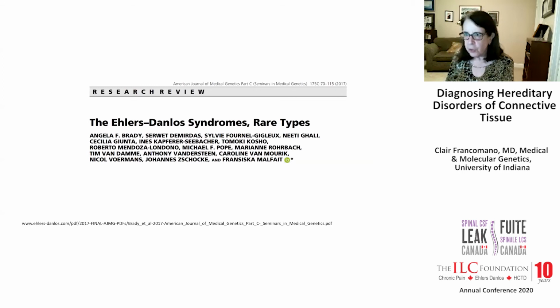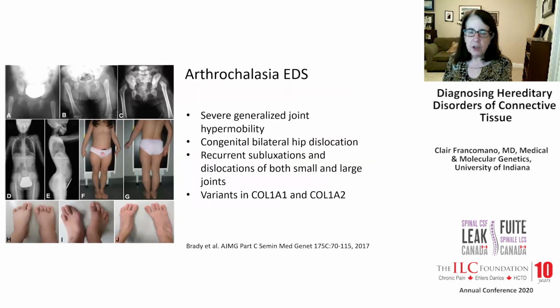And this paper also is available in the American Journal of Medical Genetics issue, which is available through the Ehlers-Danlos Society website. So I'm not going to take you through all of those 11 types that we haven't considered yet, but I will mention a few of them.